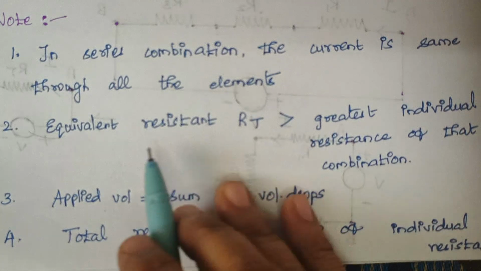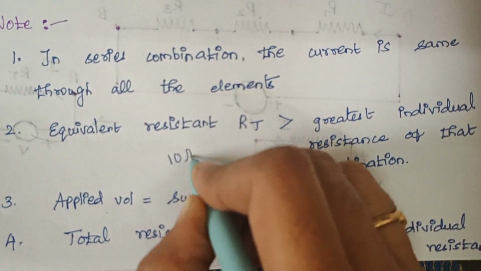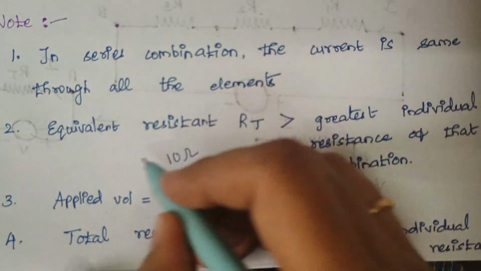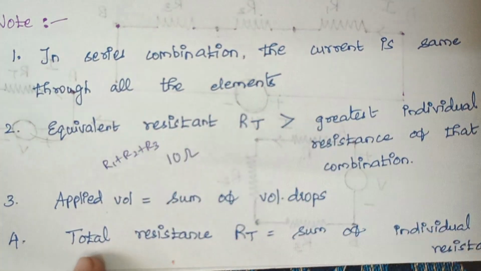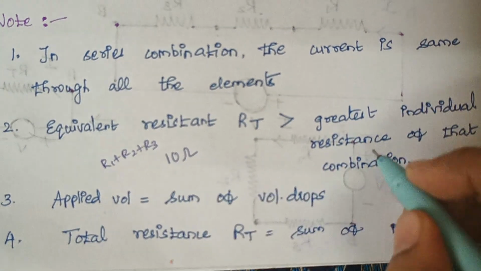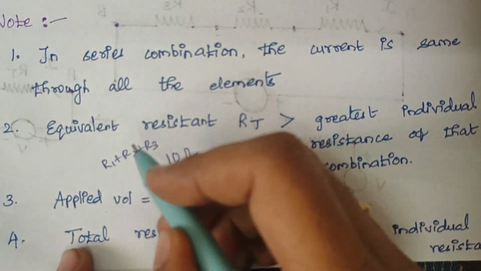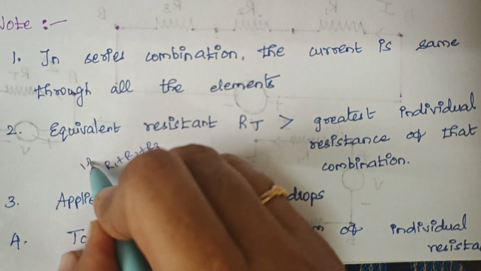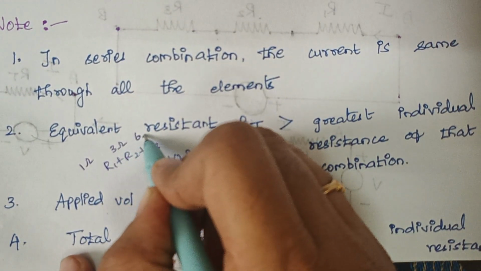For example, let the equivalent resistance be 10 ohm here. The equivalent resistance is nothing but R1 plus R2 plus R3. Let the value of resistance R1 be 1 ohm, let this be 3 ohm, and let this be 6 ohm.